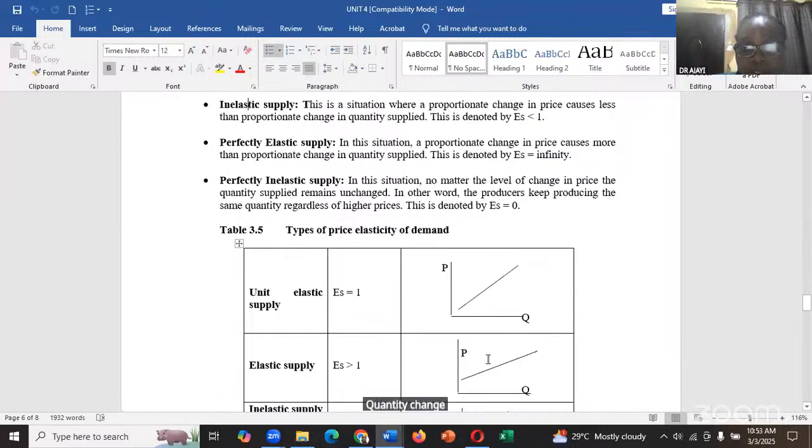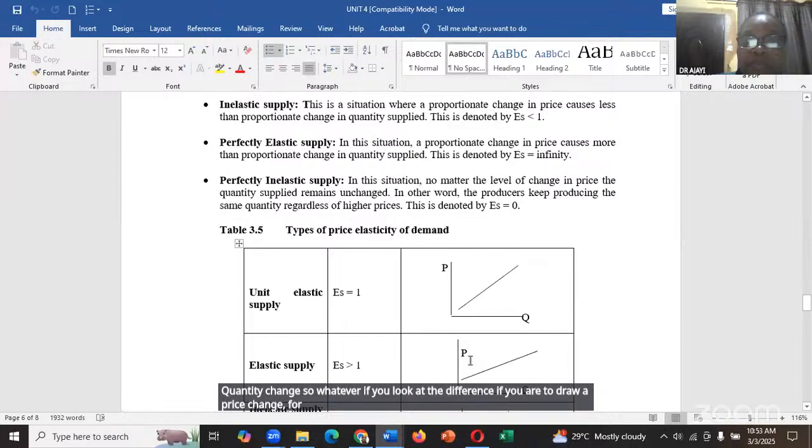So if you are to draw a price change, for instance, a change from P0 to P1 on the vertical axis, you will notice that such change may not be up to the change in the quantity response.